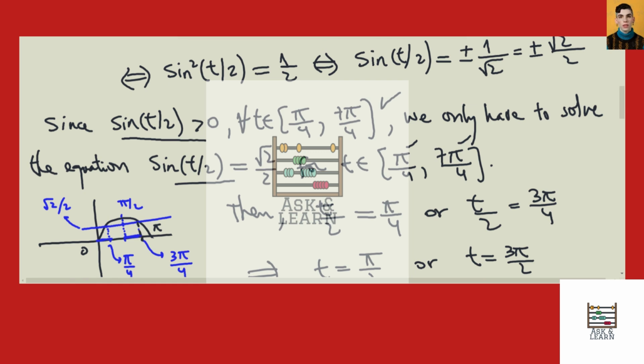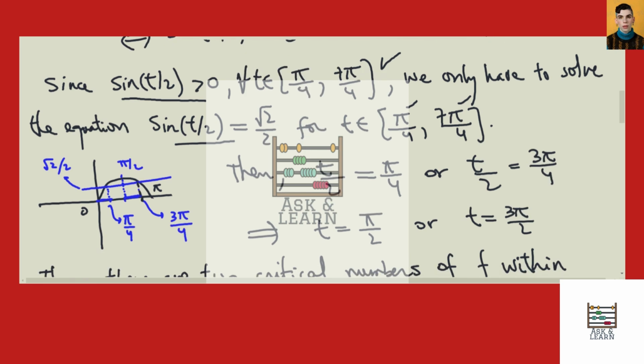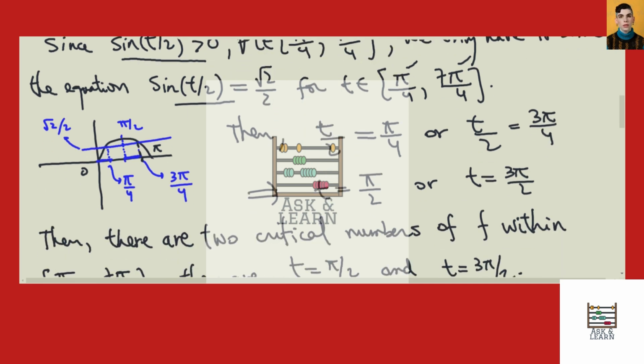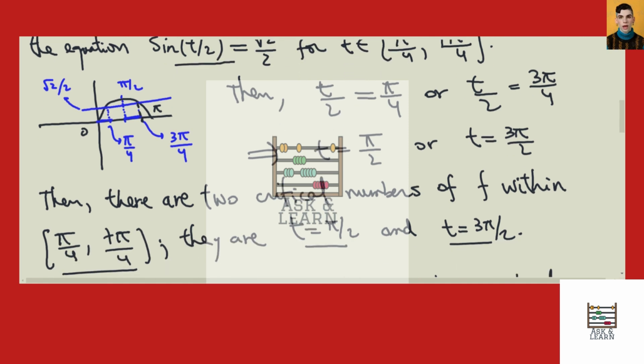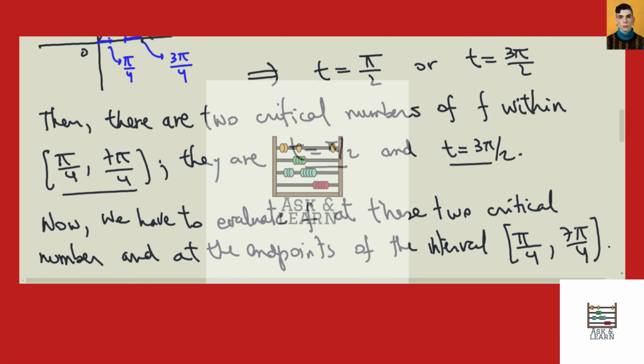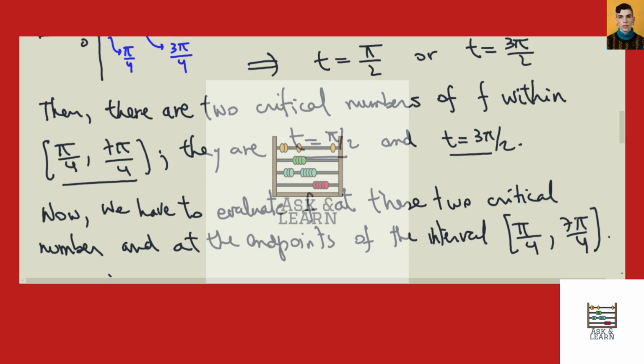So we have to solve only one equation, and the solutions are two values of t between pi fourth and 7 pi fourth: t equal pi half and t equal 3 pi half. So there are only two critical numbers of the function in the interval, and they are pi half and 3 pi half.